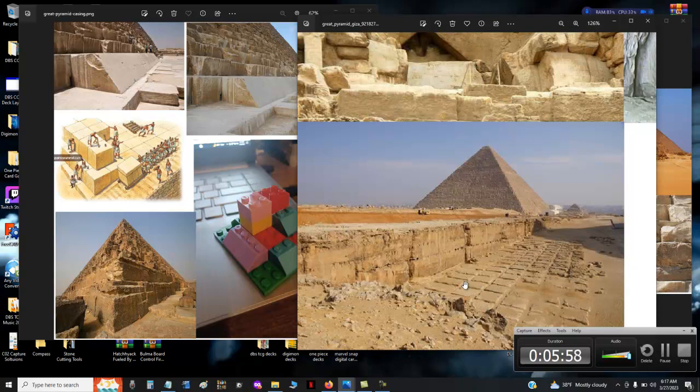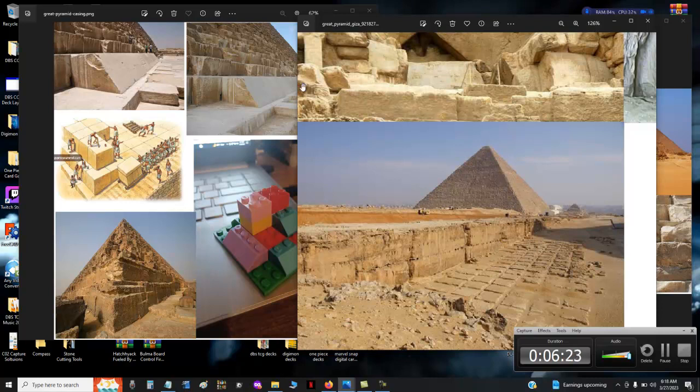So this does show that, all right, they more likely did cut the blocks in block shape, right? And then moved them and used them, instead of cutting out tubular or round blocks and then rolling them up towards the pyramid.